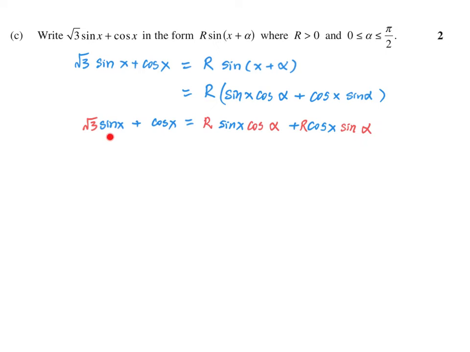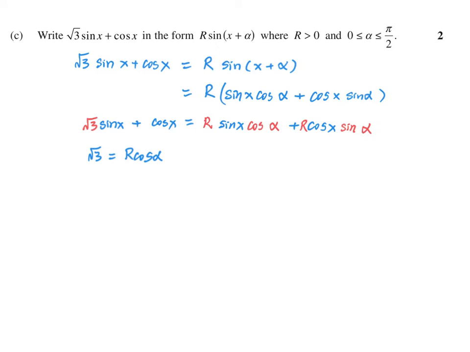On the left-hand side, we have root 3 sine x. On the right-hand side, we have R cosine alpha sine x. Since they are in one equation, the sine x part should be exactly equal to the sine x part of the right-hand side, so we can write root 3 equals R cosine alpha.